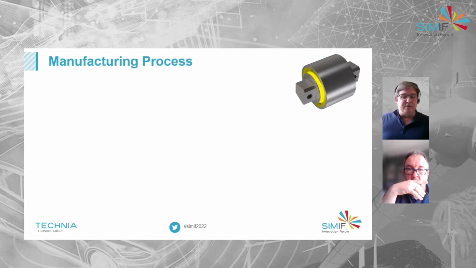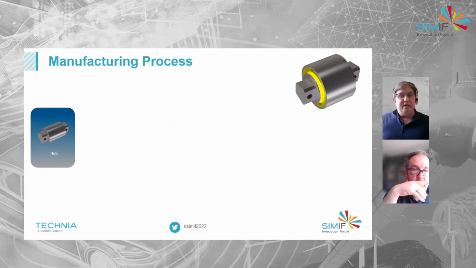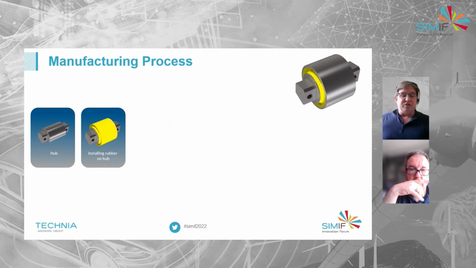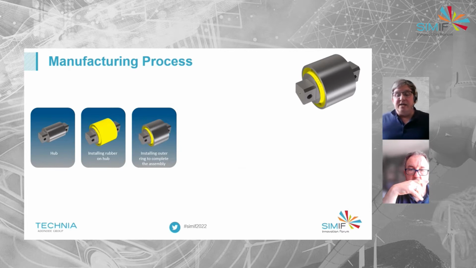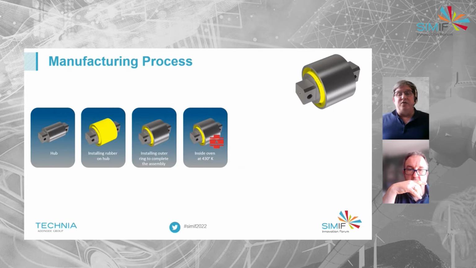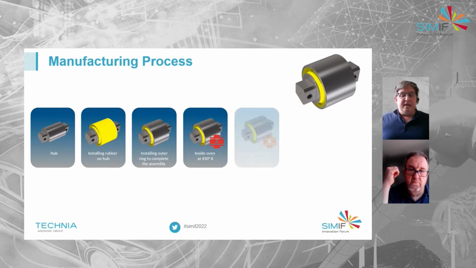It's a multi-step process. We've got a hub made out of steel, which we wrap in rubber, maybe injection molding, and then we wrap that with the outer ring. That's heated to 430 degrees Kelvin to vulcanize the rubber, and then it's cooled back down to 300 degrees Kelvin.